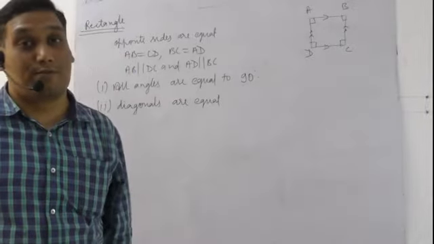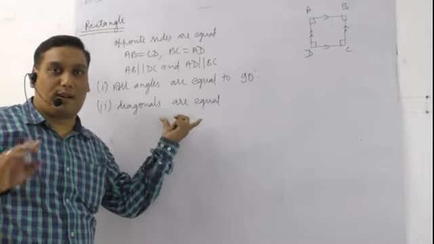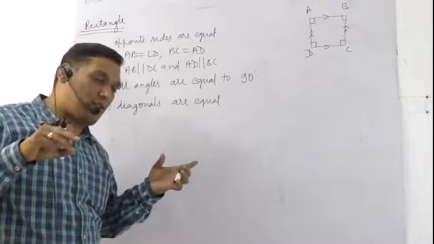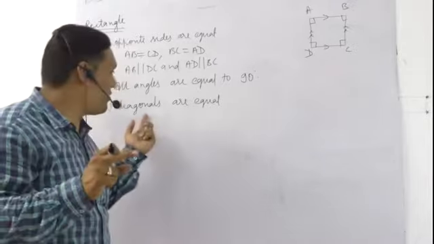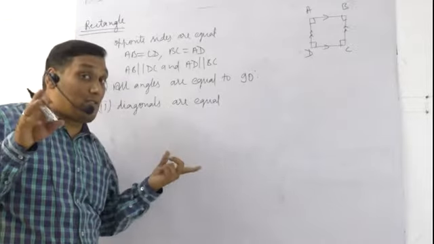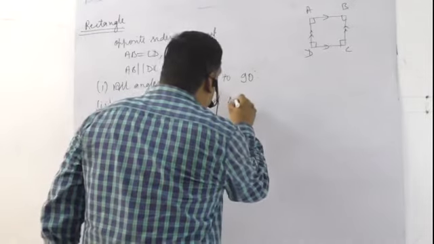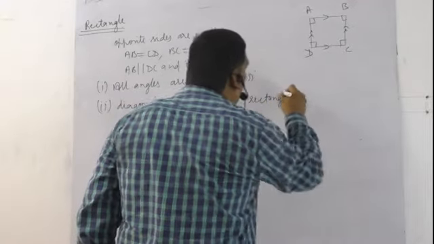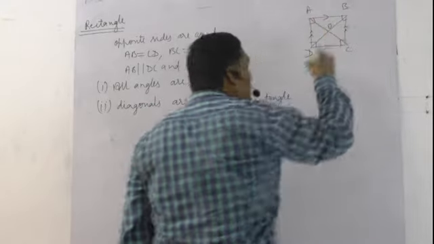First important difference है पैरेललोग्राम और rectangle में. Diagonals are equal in a rectangle, but diagonals of a parallelogram are not equal. Diagonals are equal in rectangle, and also they bisect each other.